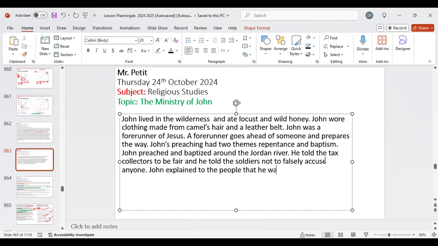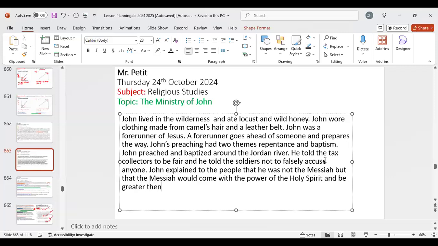John explained to the people that he was not the Messiah, but that the Messiah would come with the power of the Holy Spirit and be greater than him.